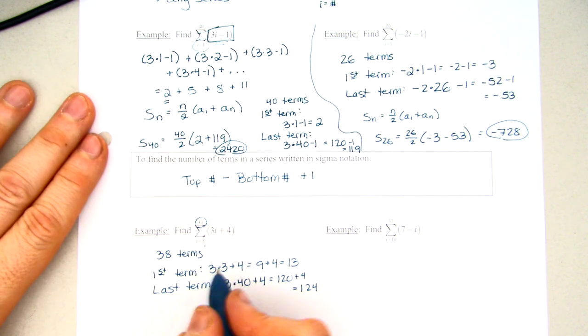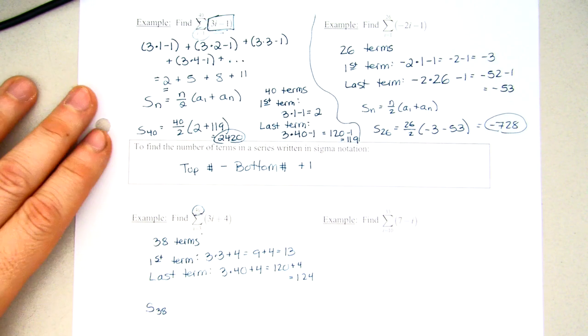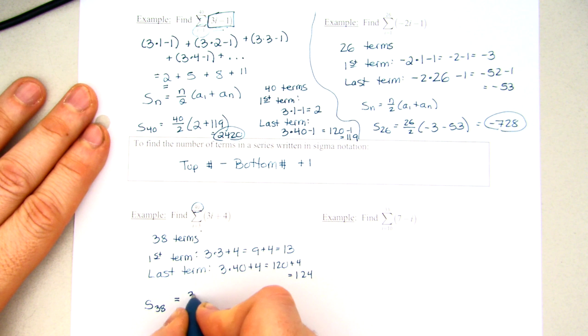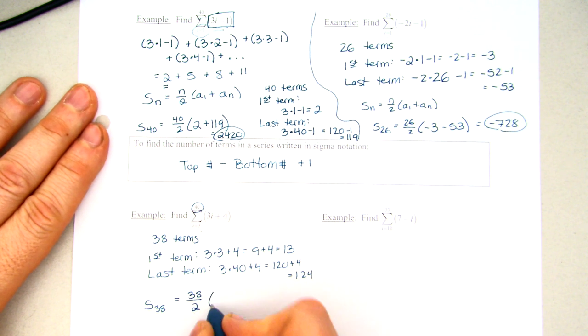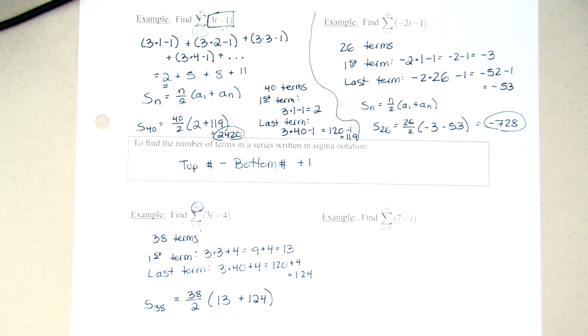Now I have everything I need to find my sum. This is S sub 38. There are 38 terms over here. This will now look like n, 38, over 2, times my first term, which is 13, plus my last term, which is 124. Go to the calculator and tell me what that is.